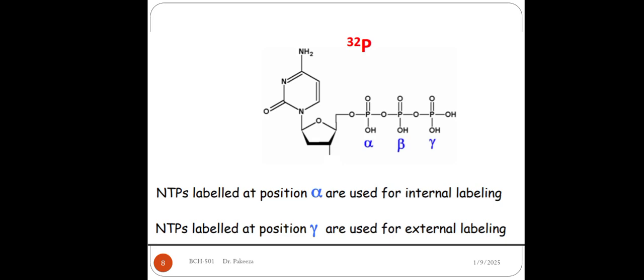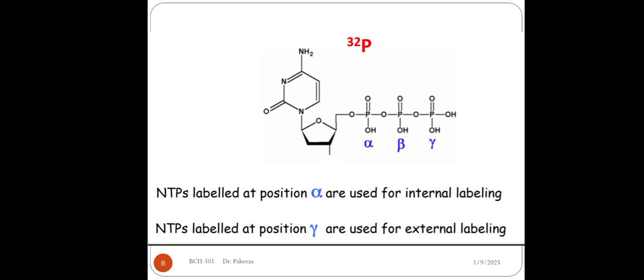So for internal labeling, the alpha phosphorus should be radiolabeled. But when we are doing external labeling, it should be the gamma phosphate which is the radioactive P32 one, because then it will be present at the terminal and it won't be removed while getting incorporated into the chain.